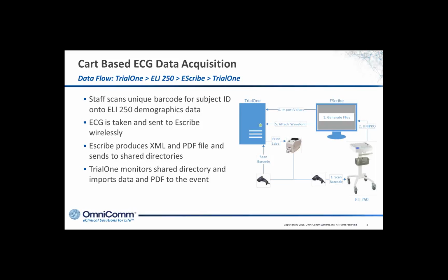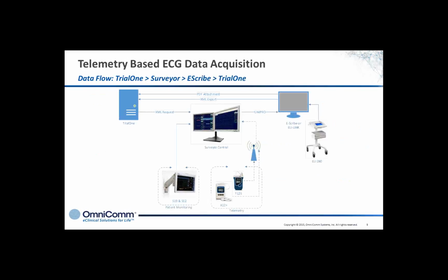So it looks very simple and works very well for the cart-based ECG machines, but there's actually a more efficient model. The more efficient model is going to be the Surveyor model that Mark pointed out. So with the Surveyor model, we actually eliminate one of the workflow inefficiency steps, and that's the whole scanning of the barcodes and having to manually marry the trial 1 ECG event to the event on the ECG machine.